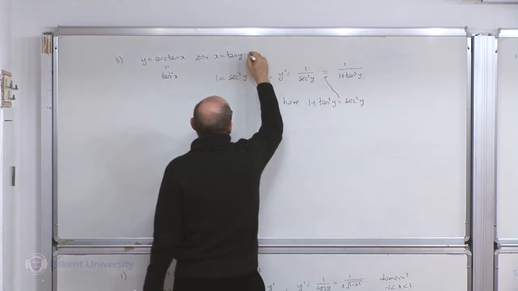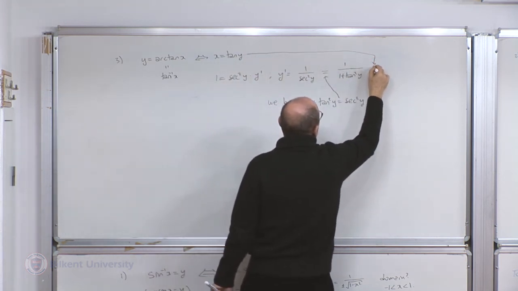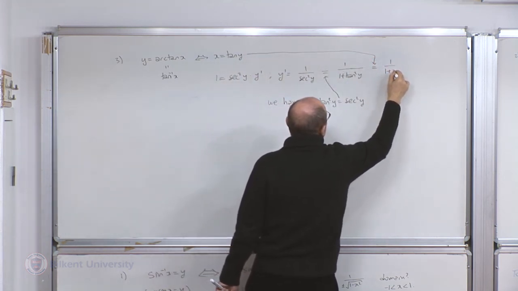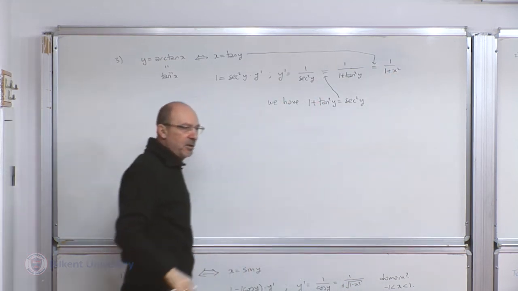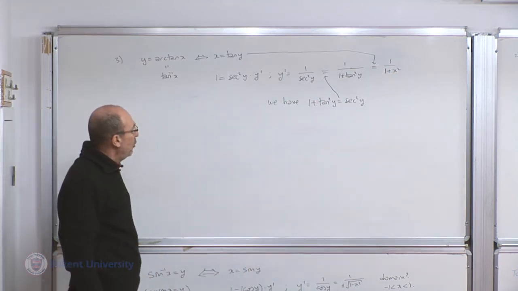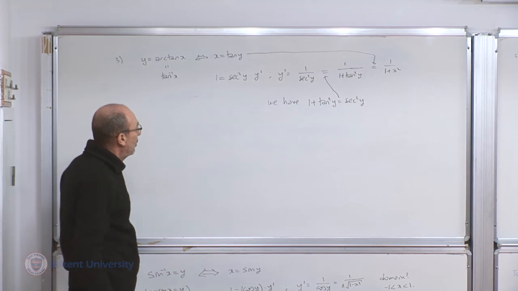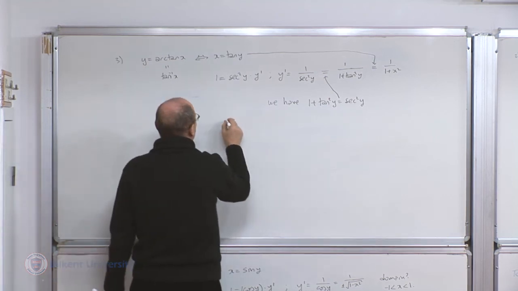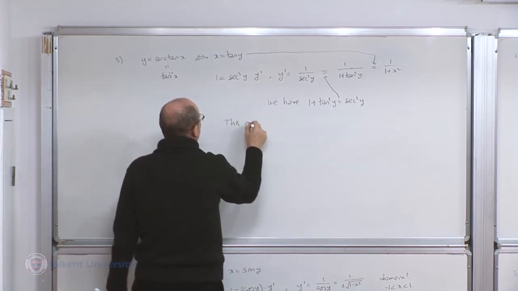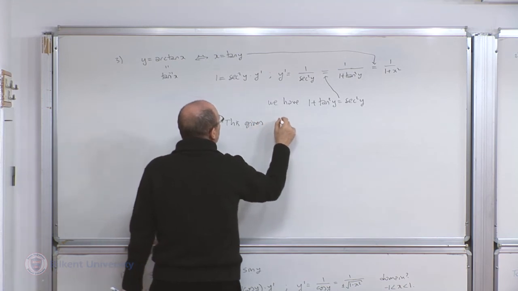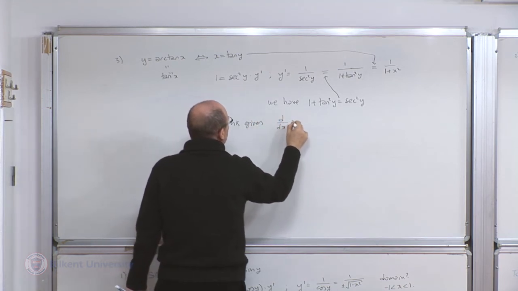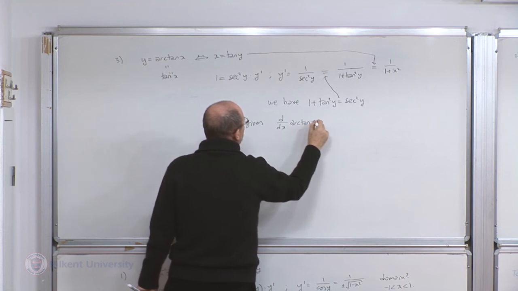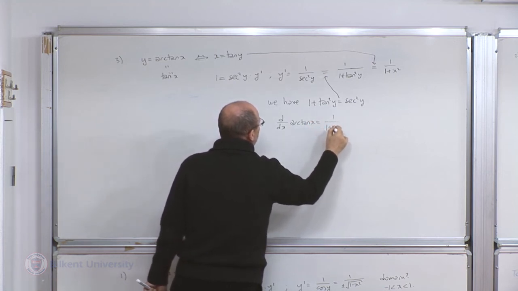And tangent is x. Now I take it over here: 1 over 1 plus x squared. Okay, now this is a totally new formula. So this gives the derivative with respect to x of arctangent x is equal to 1 over 1 plus x squared.